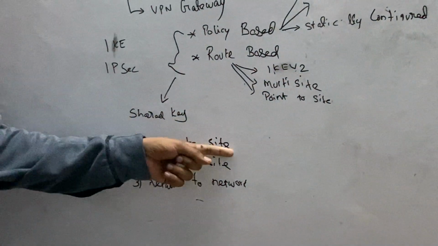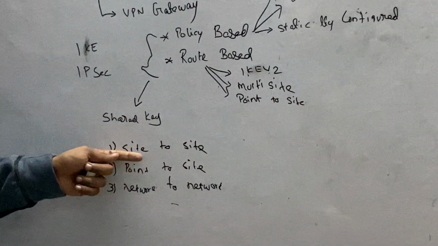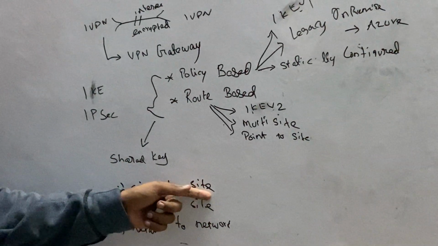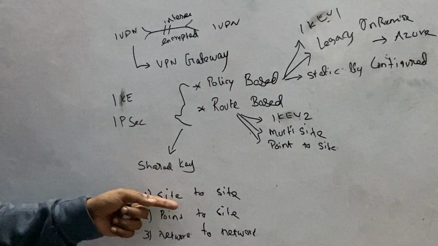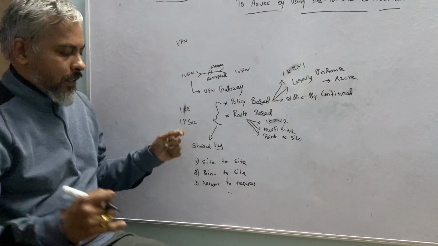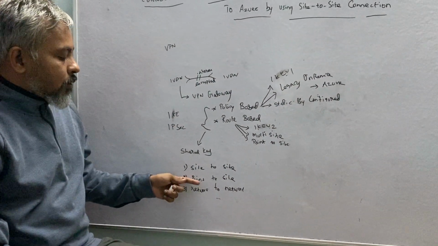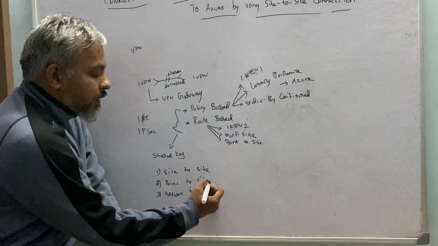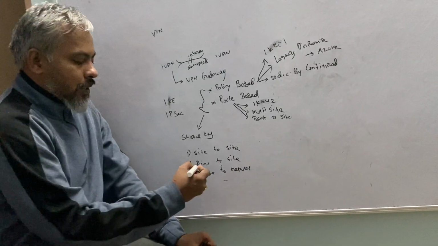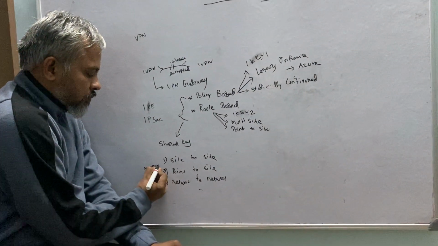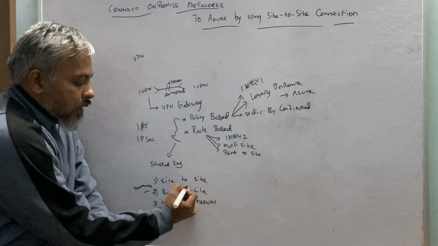What is site to site? That means this is your on-premises to Azure network, or two virtual private networks connecting each other. Another one is point to site. Point to site is connecting each individual device, basically your machine to Azure.